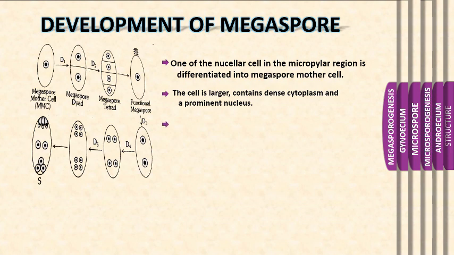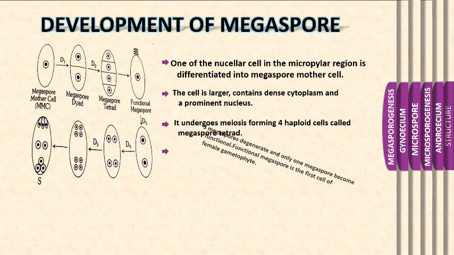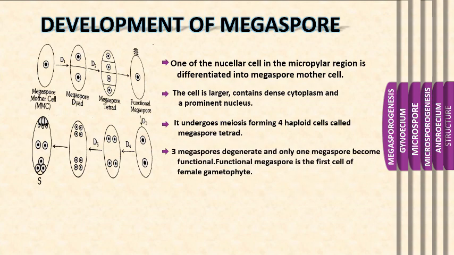This functional megaspore cell will have a large prominent nucleus with dense cytoplasm. Then this cell will undergo three continuous mitotic divisions. As a result, an 8-cell structure will form. Out of those, 3 cells will convert into antipodals, 2 will become synergid cells, and 1 will remain functional as the egg.